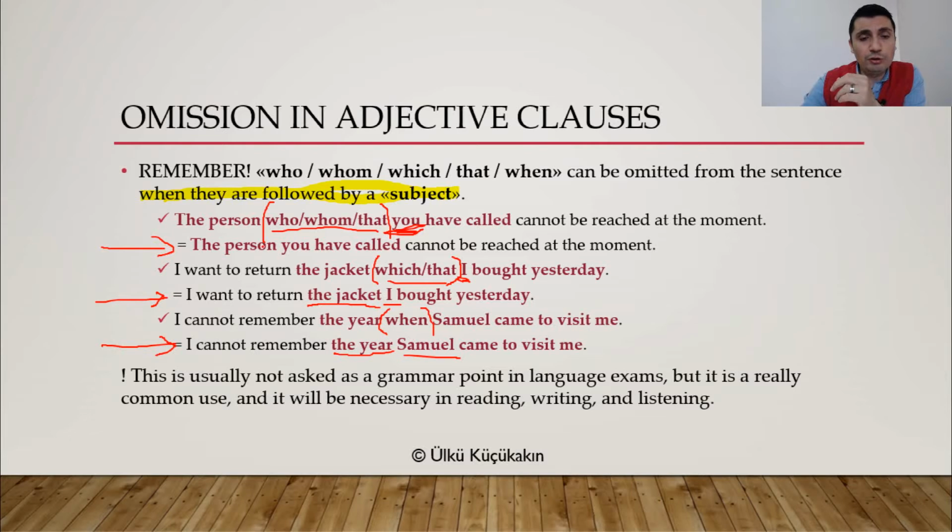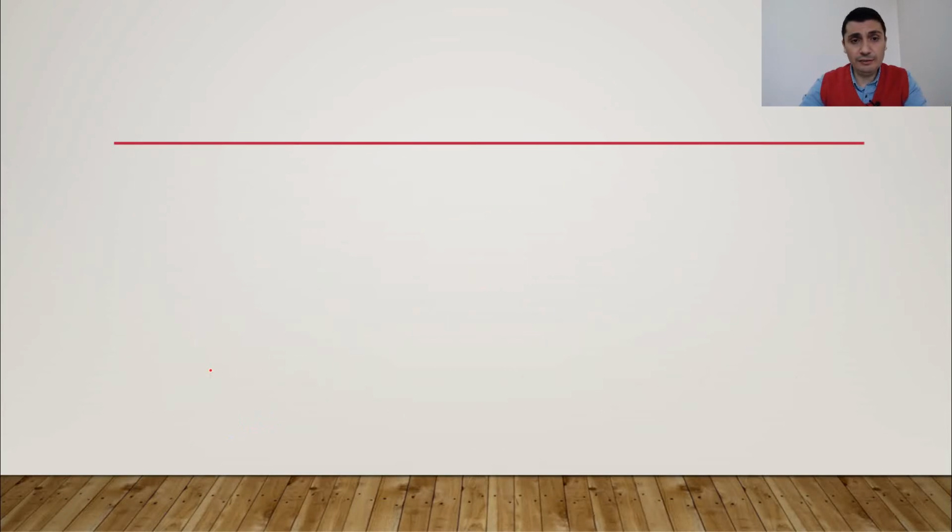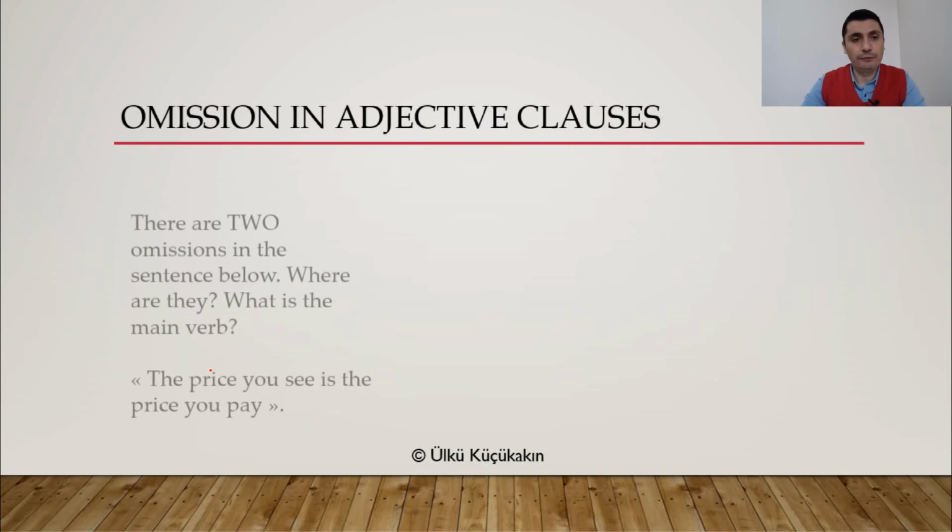So the short form is a lot more common than the long form. For this reason, it will be necessary in reading, writing, and listening. So this is a very important grammar point, all right? Now, this is omission, all right?